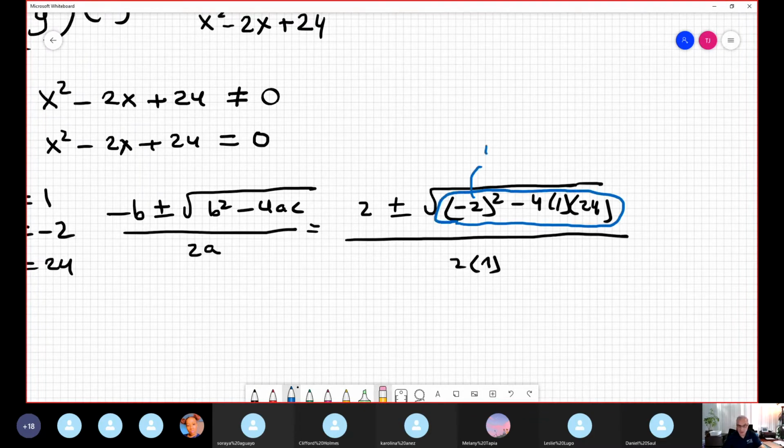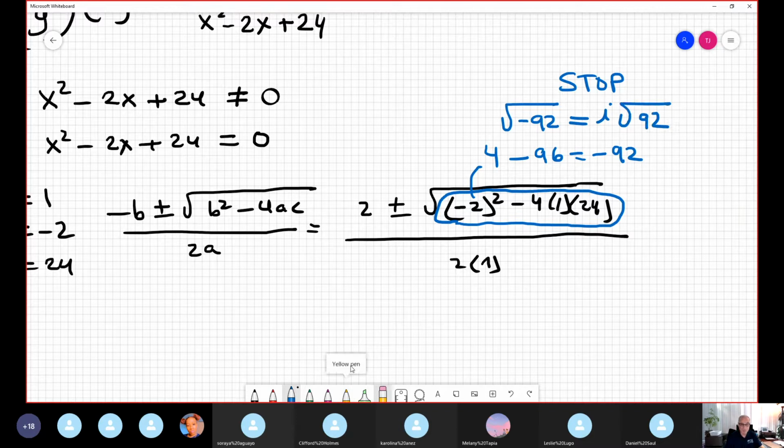This is 4 positive, and this is minus something. This is 24 times 4, which is 96. Then it is negative 92. When you find the square root of negative 92, I stop here. Stop. Why? Because I know that this is imaginary.